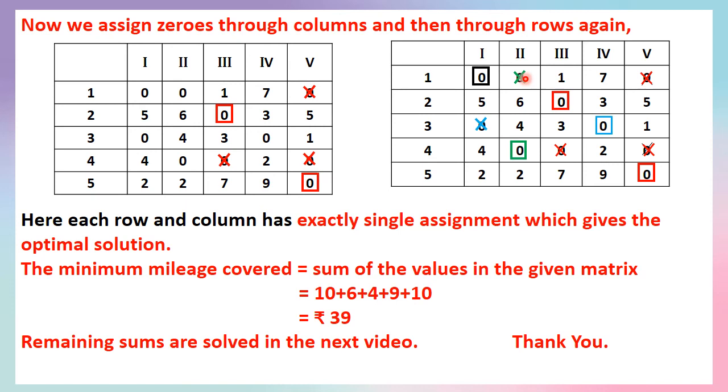The values corresponding to these assignments are: the first assignment corresponds to the mileage given, that is 10, the second assignment is 6, and then 4, 9 and 10. The sum of these values gives 39, so 39 is the minimum mileage covered.